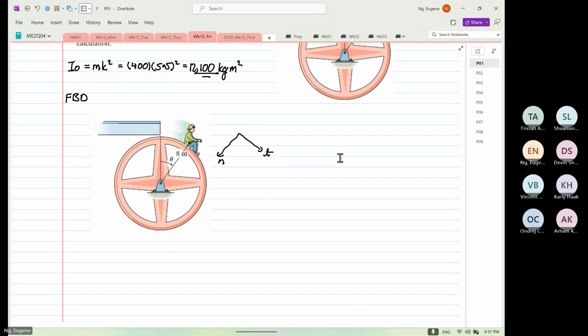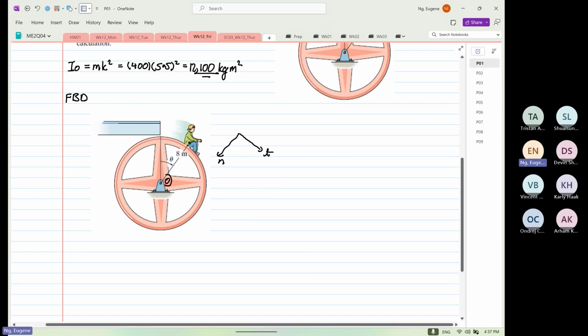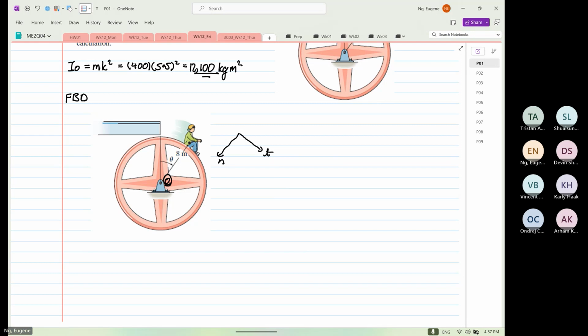Okay. So now we are going to look at the forces. I'm going to call the center over here O. So we will have Oy over here. We have Ox.